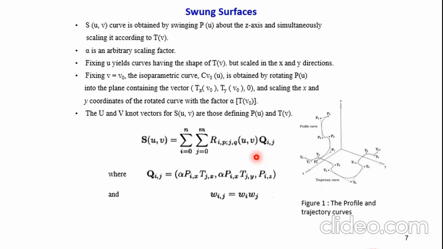These are the equations for S of u comma v, which are defined by P of u and T of v. This is the equation for S of u comma v, and the I, J terms are the new control points that are defined when we rotate the profile curve along with the trajectory curve.